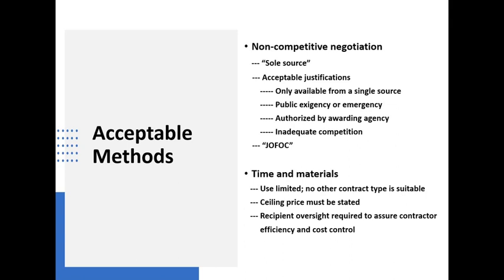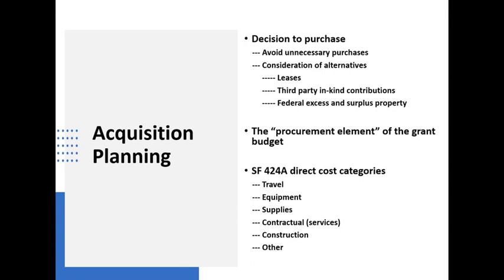Now, let's move to slide number 10 and talk about some of the process activities that are going to go on in these procurements. And to start out with, let's use a term that actually doesn't show up in the regulations at all: acquisition planning.